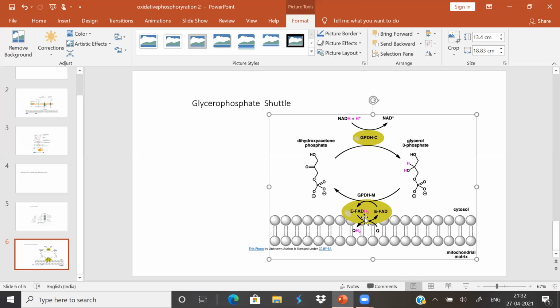So here the ATP will be 1.5. So when the reducing equivalent enters complex 2, 1.5 ATP will be synthesized per cycle. This is all for oxidative phosphorylation.